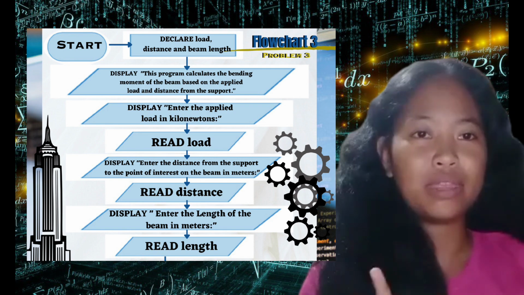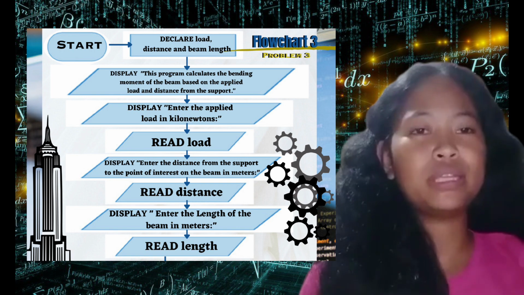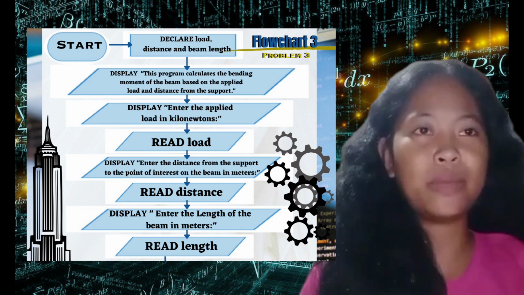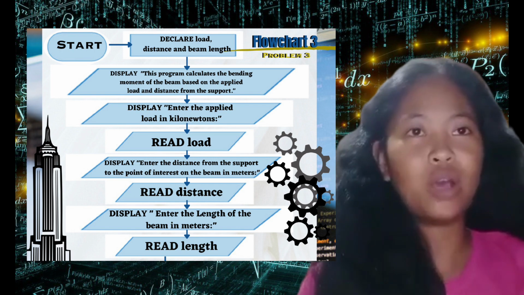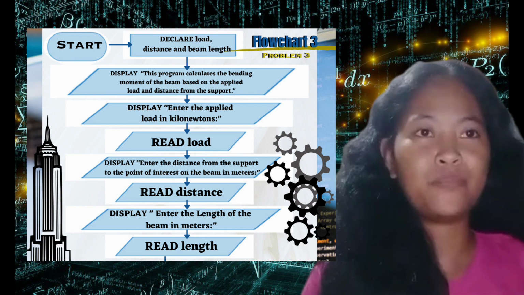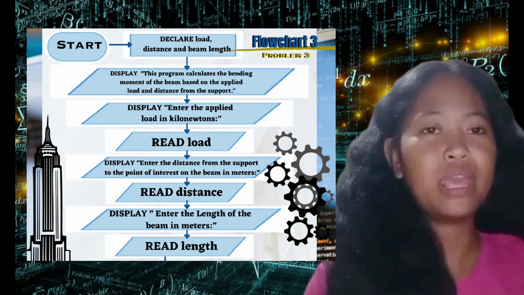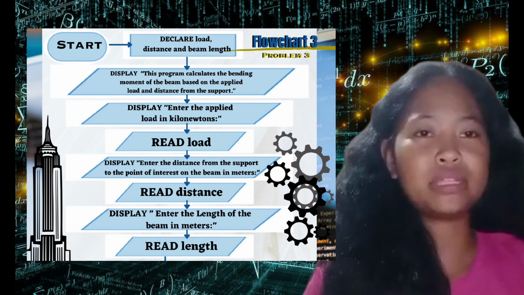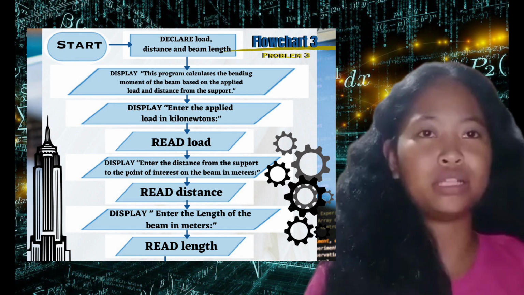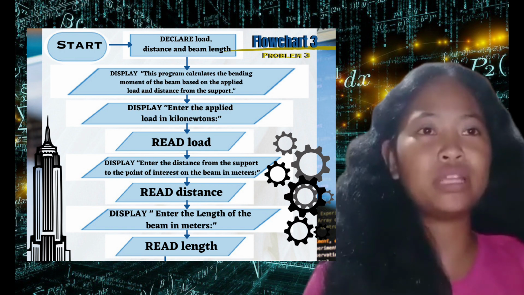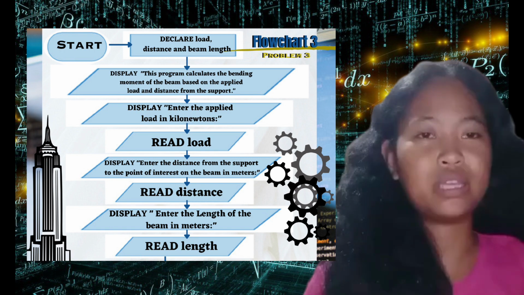The third is we print: this program calculates the bending moment of a beam based on the applied load and distance from the support. And the fourth step is we print a new line character for us to prompt the user to enter the applied load in kilonewtons.